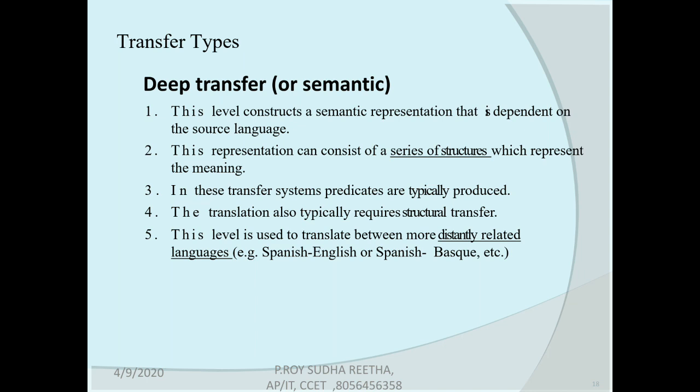This consists of a series of structures which represent the meaning. It involves various types of structures, and a structure format is followed to represent the given meaning. The translation also requires a structural transfer. Translation between more distantly related languages is done using this semantic or deep transfer.